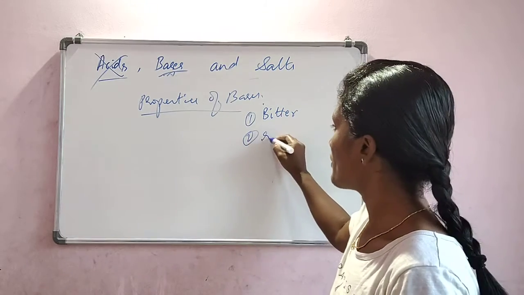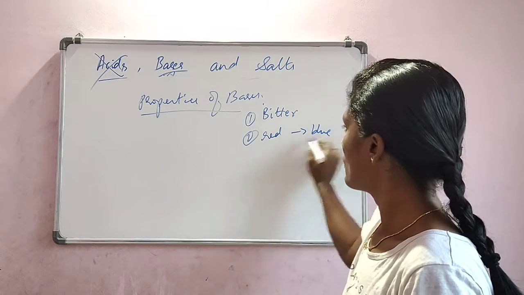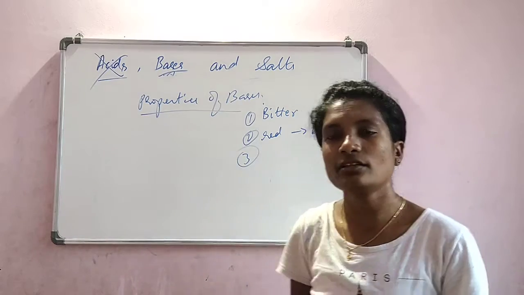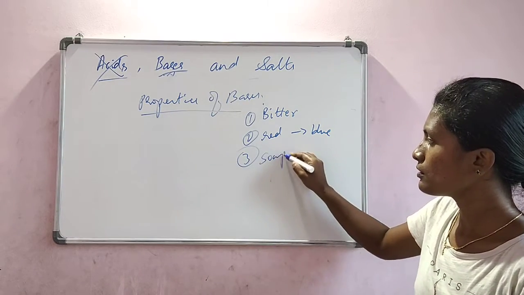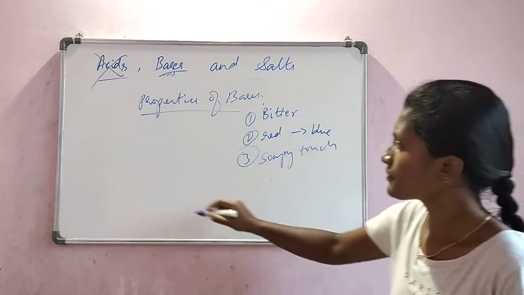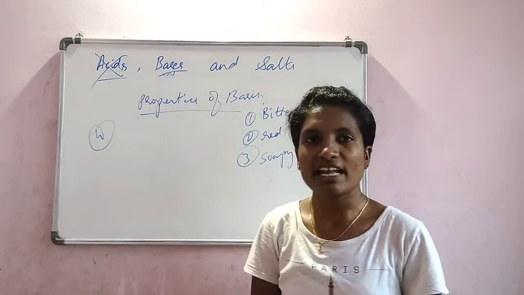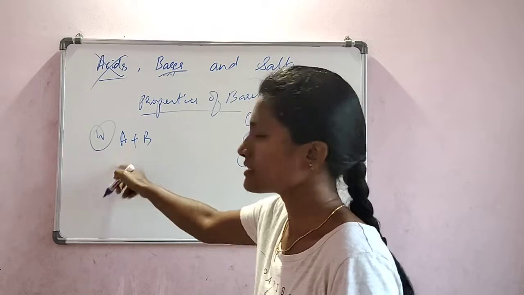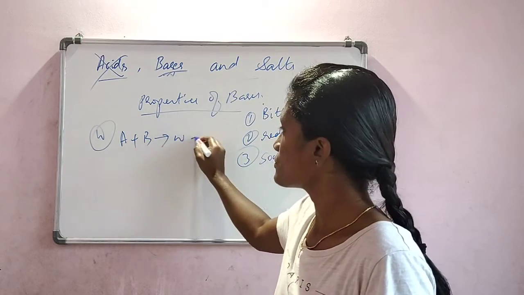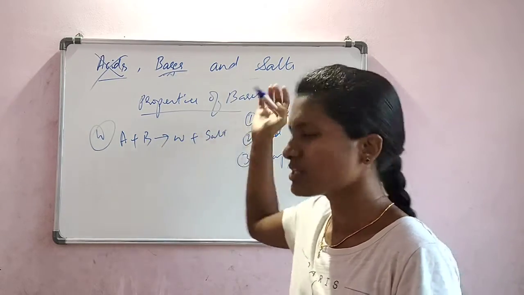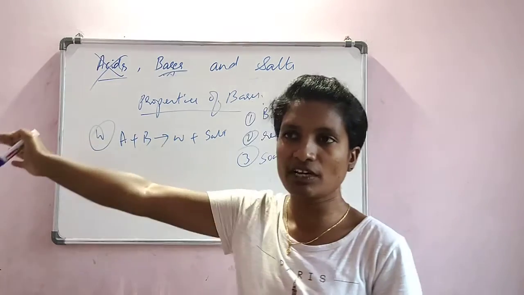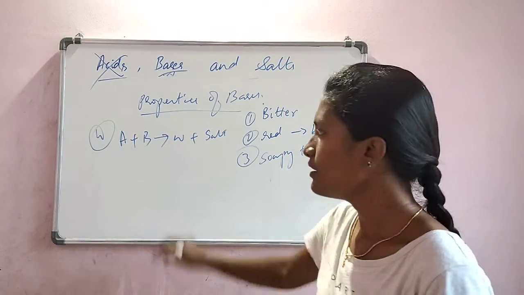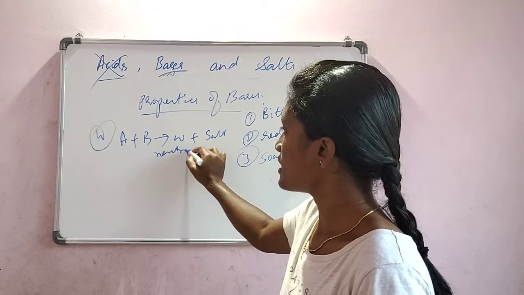Bases turn it from red to blue. And they are soapy to touch. When acids react with bases, or bases react with acid, it gives water plus a salt, which is the same as we learned in the properties of acids. This is called a neutralization reaction.